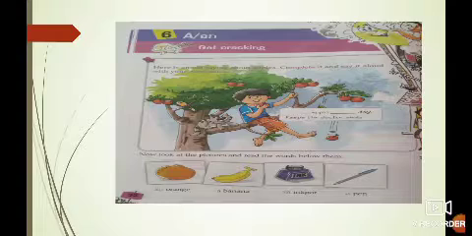See, banana, it starts with B and B is a consonant. Pen, P is a consonant. So before that we use A. Flower, F is consonant and before that we use A flower, right?